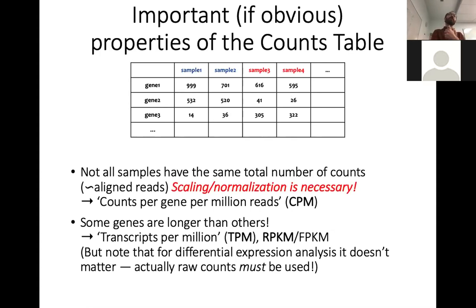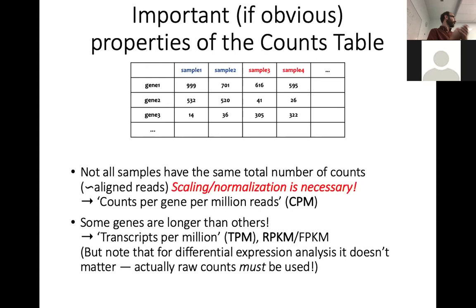And it's very obvious, but of course some samples are going to have more total counts than others, so you need to normalize things. And this is where the CPMs come in. If you've been in the RNA-seq literature a bit, you've seen CPMs, and that refers to a per-sample normalization with potentially some other tweaks.